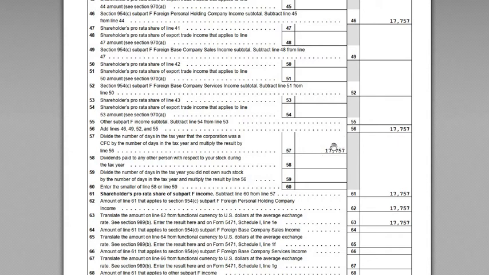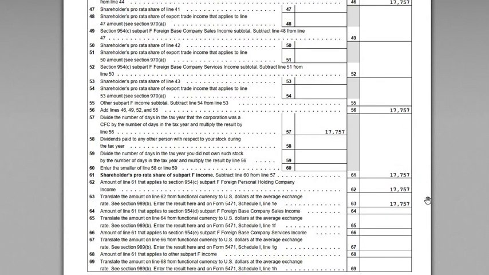In this case, the entity was a CFC from the very beginning, from day one as soon as shares were issued. So it's basically just a 100% allocation, and that's why we just have the 17,757 number here, which matches the complete allocation for the stockholder.